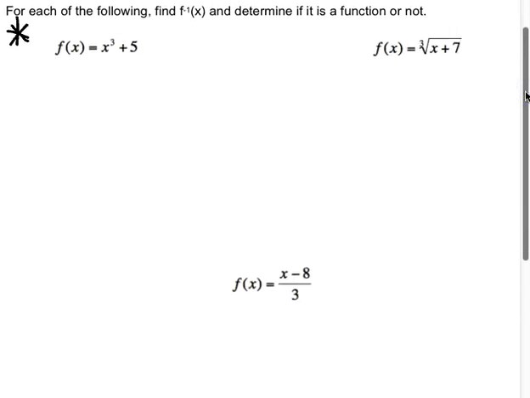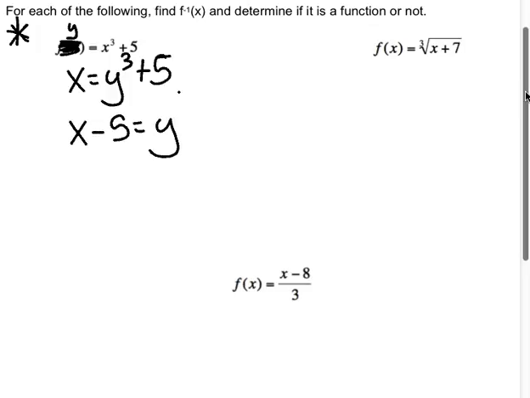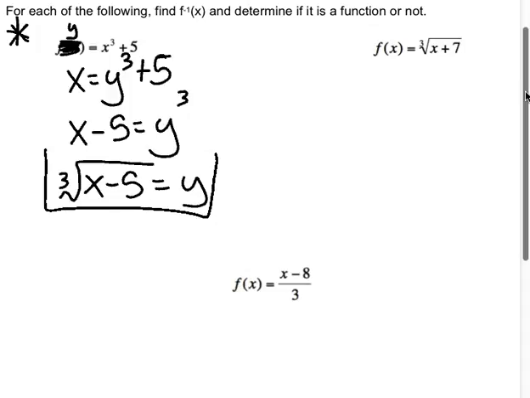So let's recap what we've been doing. So here, in order to find the inverse, I need to swap the x and y. And now I need to resolve for y to find the inverse. So in this case, that means subtracting the 5 and then cube rooting. Okay, so that is my inverse.